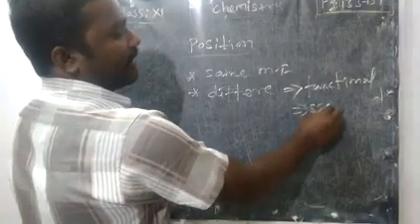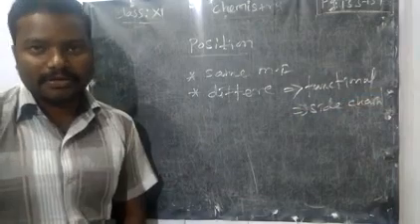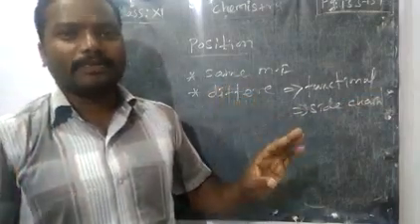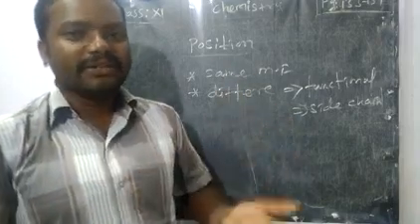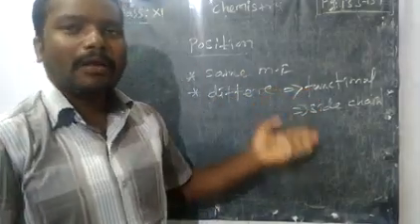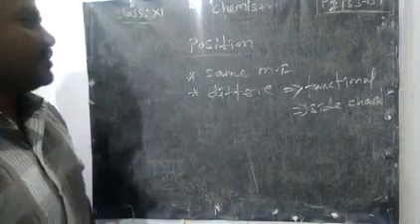It may differ with the side chain. So if you take two compounds in position isomerism, they have the same molecular formula, but they differ in the position of the functional group or any side branches. That is what is called position isomerism.